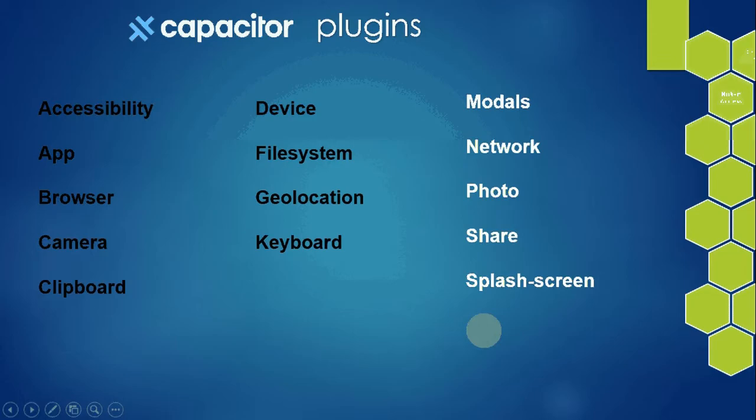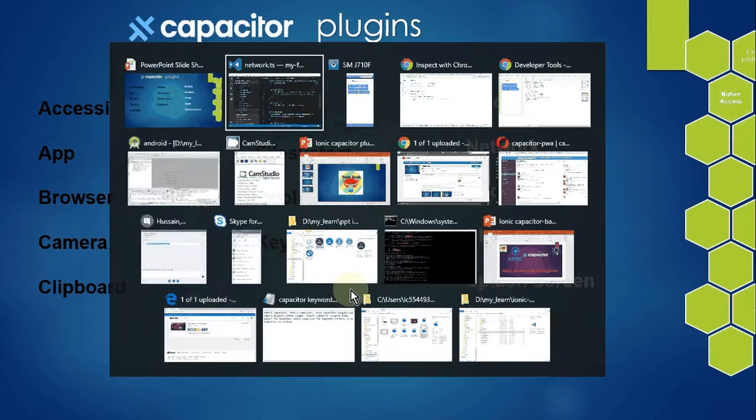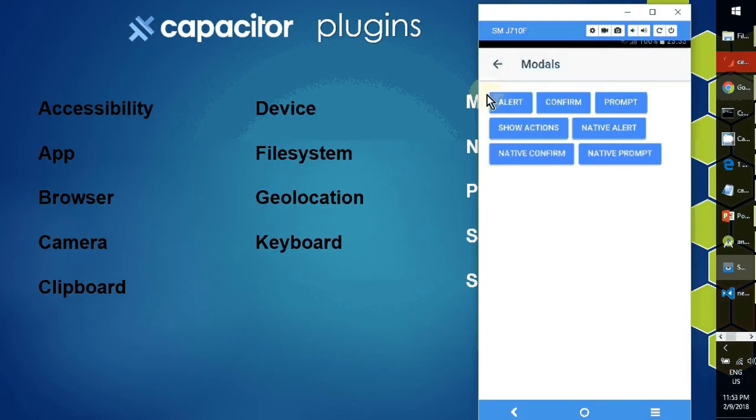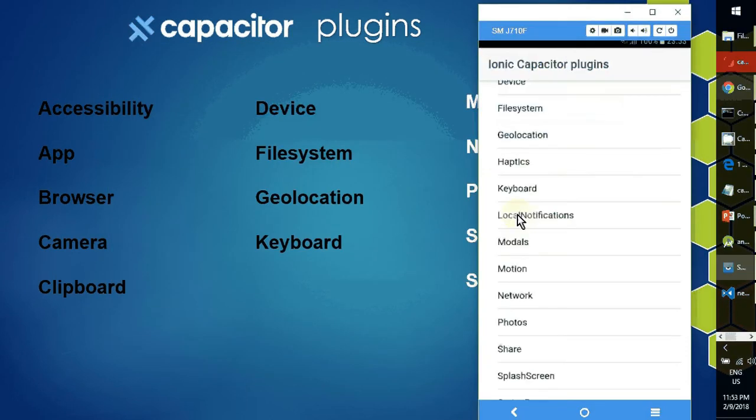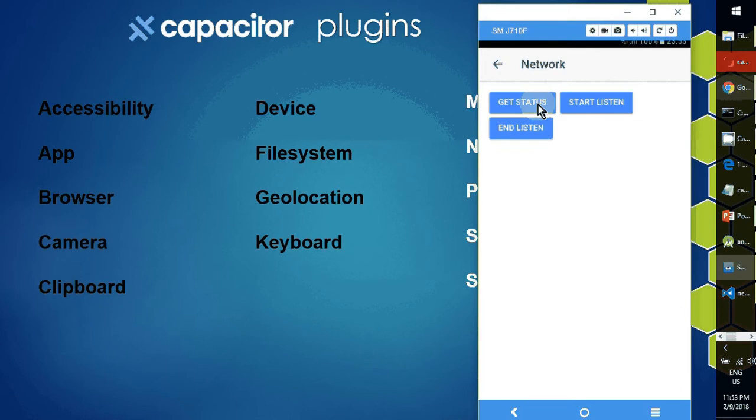Okay, let's try. In network, we have get status, start listen, end listen. That means start listen is a kind of observable or event-oriented. When our network status is changing from one level to another, then we will get the information, so we don't need to call get status again and again.